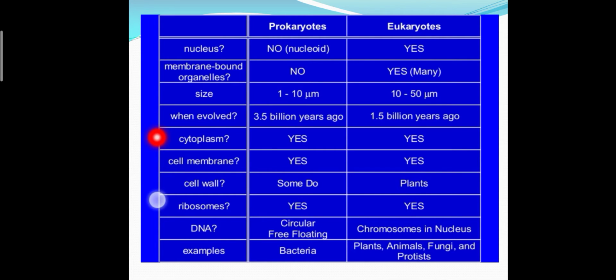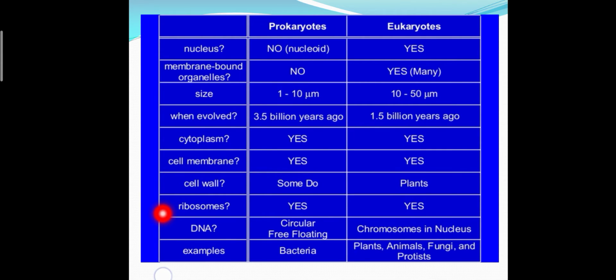Cytoplasm is present in prokaryotes, and it's also present in eukaryotes. Cell membrane is also present in both of these, while cell wall is present in prokaryotes, but in eukaryotes it is present in plants while absent in animals.